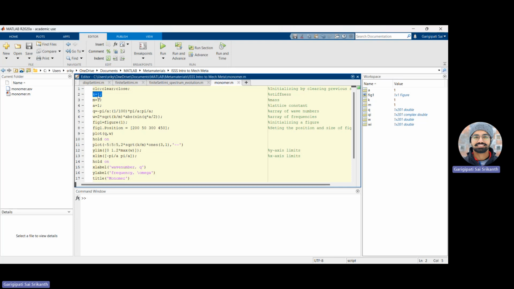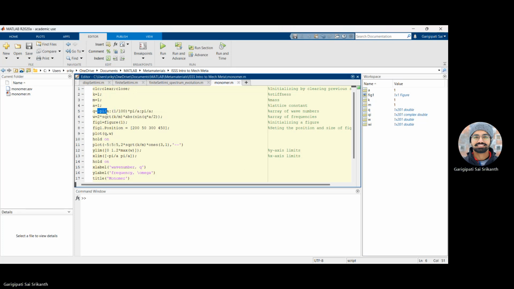Take nominal values for stiffness. K is equal to 1. We define M is equal to 1. We define A is equal to 1. Then we describe wave numbers as a one-dimensional array.